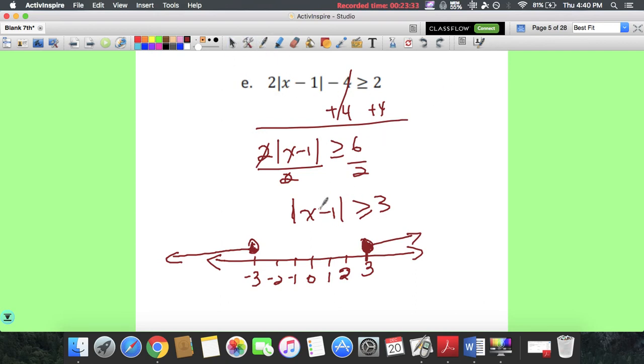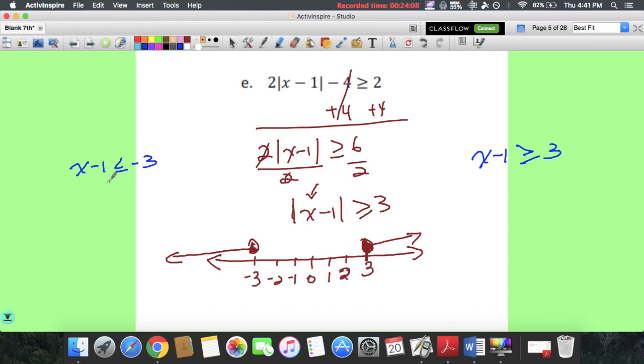So you want to now set. We're looking for, what can we replace x with, so that this becomes a number either on this side or on that side, so that it's equal to or greater than 3? So, 2 things you're going to do. I know that x minus 1 has to be greater or equal to 3, or x minus 1 has to be less or equal to negative 3.